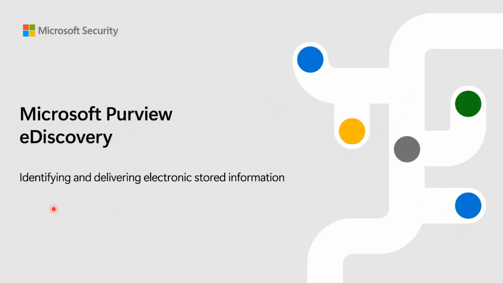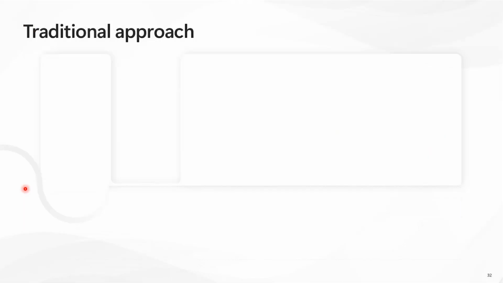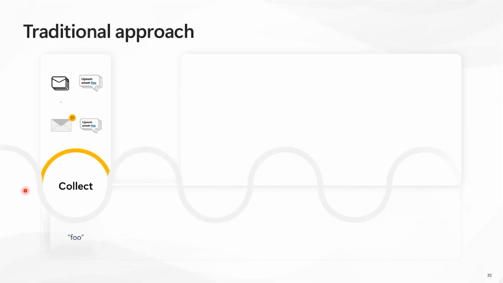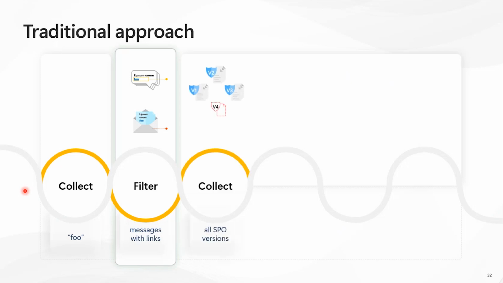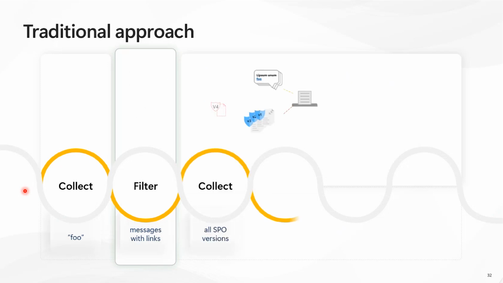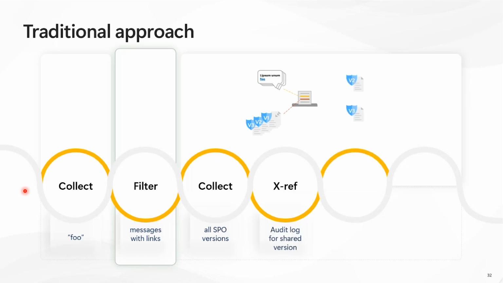Now let's look at Microsoft Purview eDiscovery. Microsoft labels this service as identifying and delivering electronic stored information. But let's go into a little bit more detail into what it is. Typically, this would be a service where, let's say, we end up in a litigation situation. So we would need to collect information.